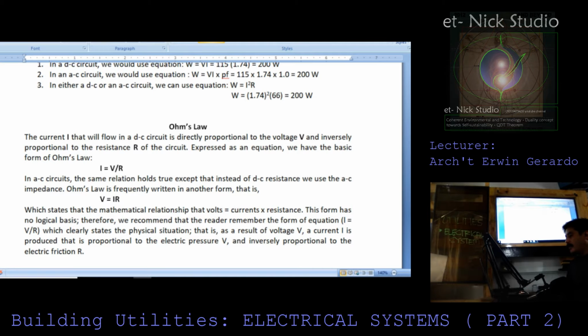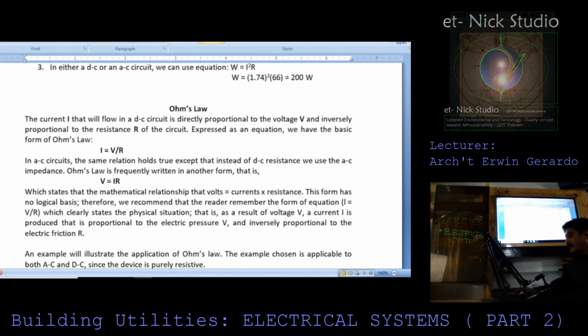Therefore, we recommend that the reader remember the form of the equation I equals V divided by R, which clearly states the physical situation, that is, as a result of voltage V, the current I is produced, that is proportional to the electric pressure V, and inversely proportional to the electric friction R.